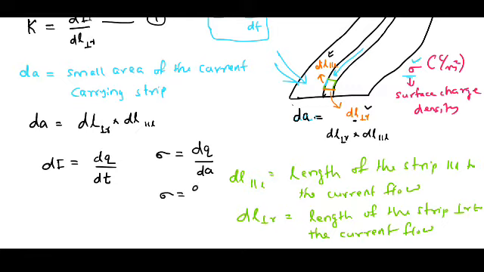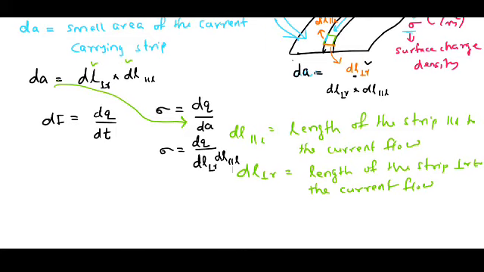This sigma is equal to dq divided by this area, dl perpendicular into dl parallel. Or I can write dq is equal to sigma dA, or sigma dl perpendicular into dl parallel.